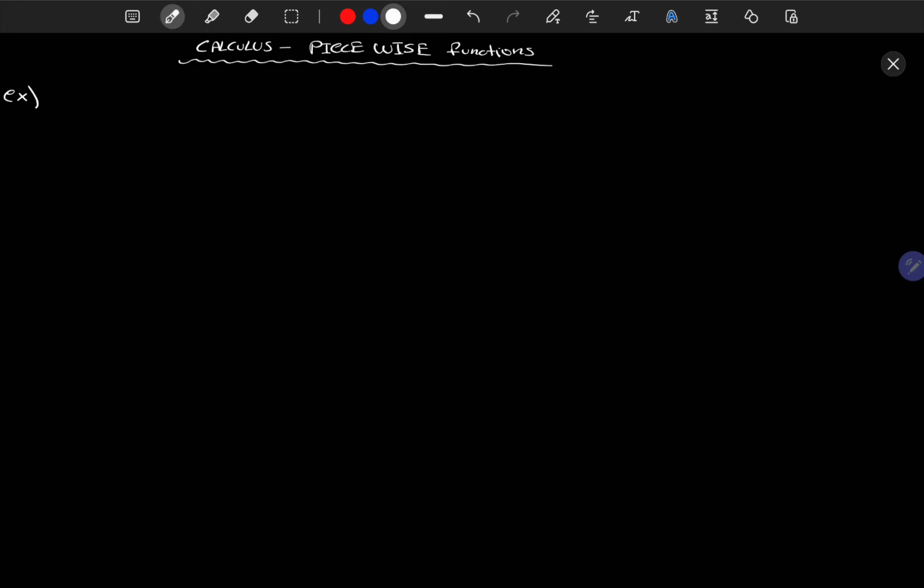Example, as stated, it says find the values of A and B such that F is continuous everywhere.